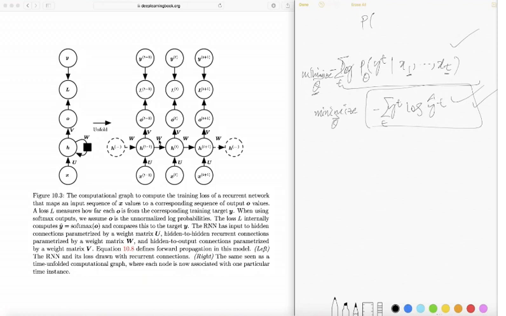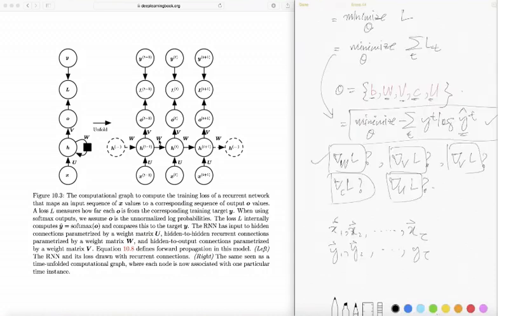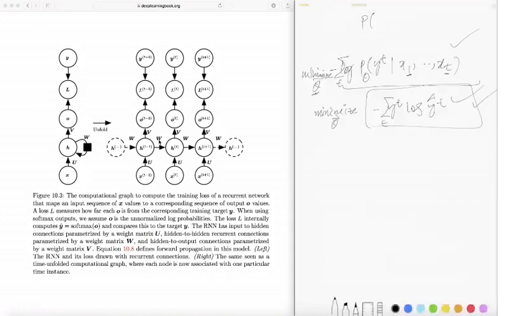Okay, now the next question is that I should start thinking about how to find out these gradients, because this is what I need to do to train the network using gradient descent. I just want to go over how to compute these gradients for recurrent neural networks. We have done this for a dense feed-forward neural network, but a recurrent neural network is a little bit different from dense.